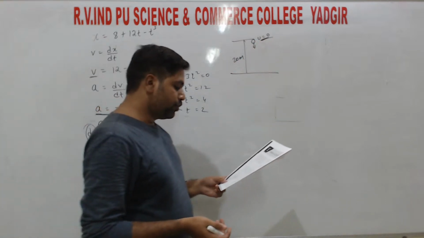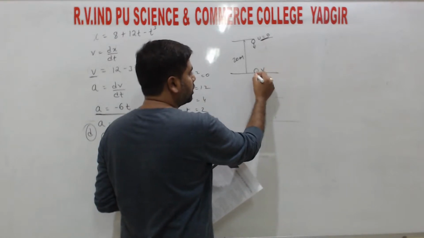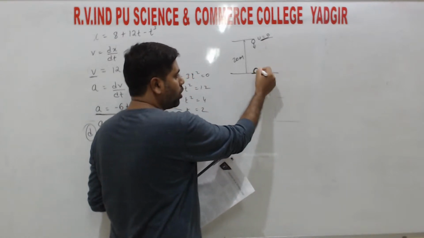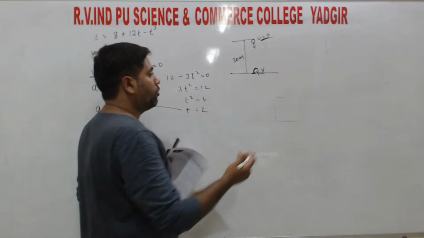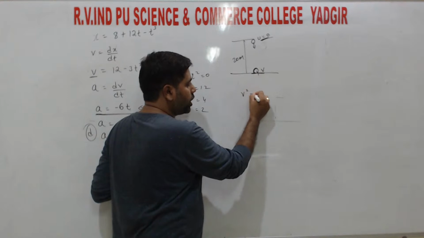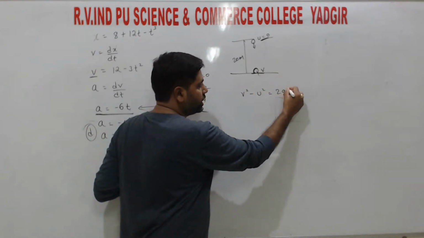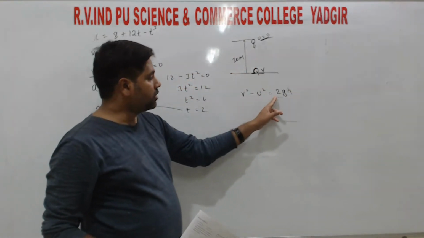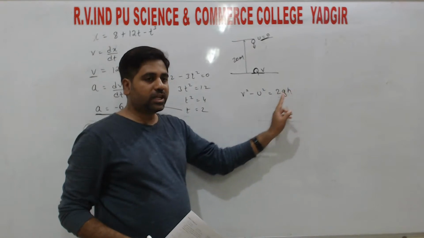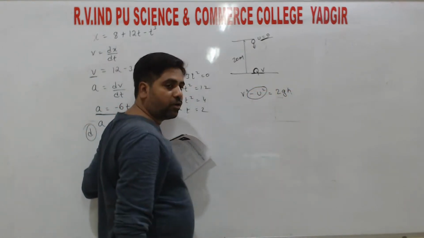So here we need to find the final velocity when it reaches the ground. The ball has some velocity, we need to find that, right? By using v square minus u square equals 2gh. For vertically downward motion we get the positive, that is plus 2gh. Its initial velocity is 0, so this value becomes 0.